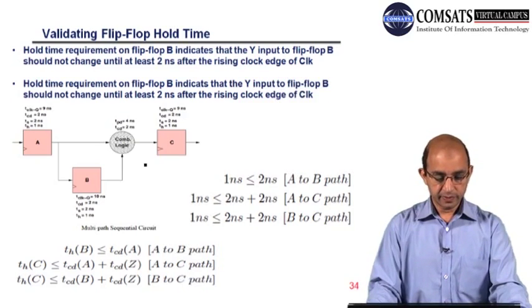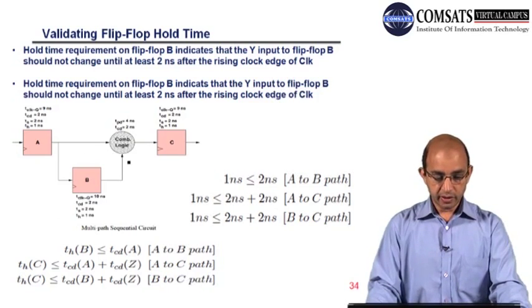And here again we have the clock-to-Q, that is the propagation delay of the flip-flop, the contamination delay, setup time and hold time. Here we have the combinational timing parameters: TPD, the propagation delay, and CD, the contamination delay, and so on and so forth.